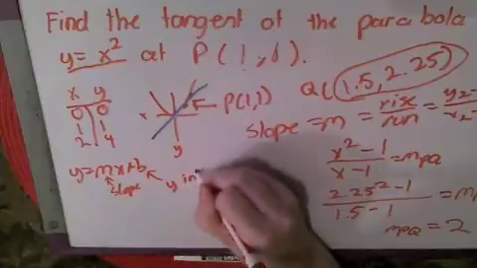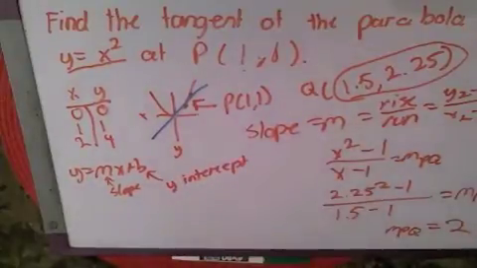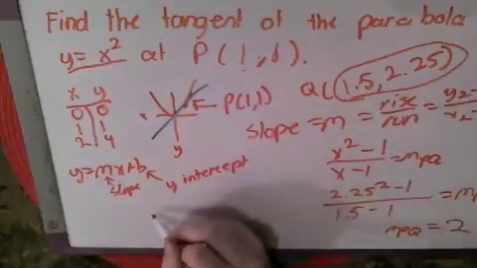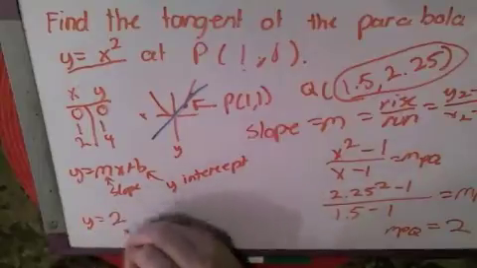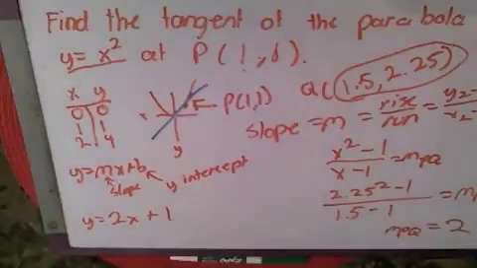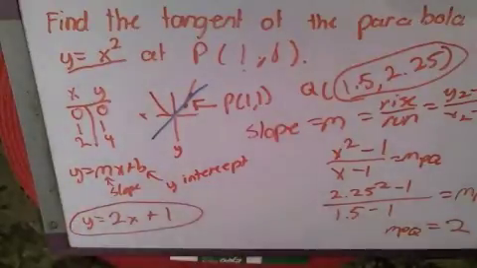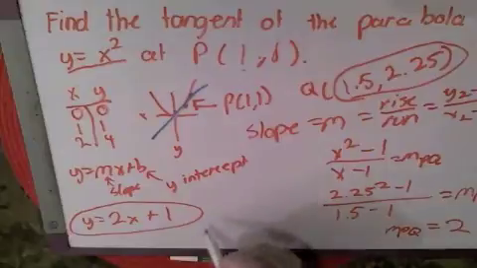This is just basic algebra, you should remember this part. Now we're just going to plug the information that we have for our point and our slope into this equation. So y equals 2, our slope, x plus 1, which is our intercept. And that is the equation of your tangent line.